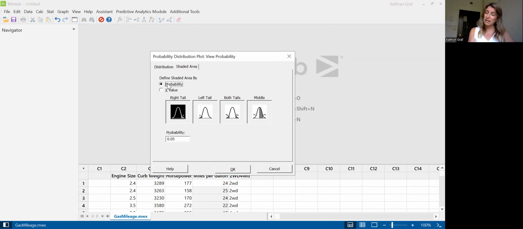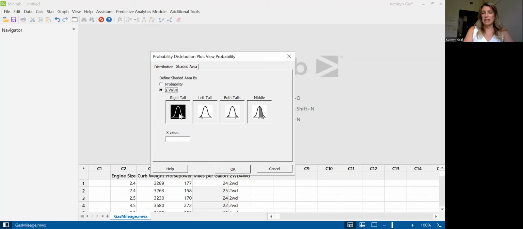You know the area under the curve and you're looking for the data value, so you're looking for the percentile. If you're looking for the probability, you will choose X Value, meaning I have a data value and I want to know what the area is under the curve, maybe to the left or to the right, or maybe in between. So you can see we have a lot of different options.